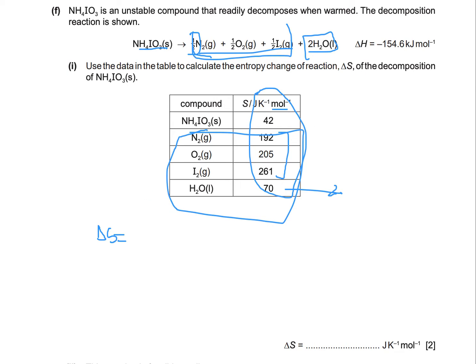So if we do 192 plus 205 plus 261, which we divide by 2, and plus 2 multiplied by 70, which is 140.